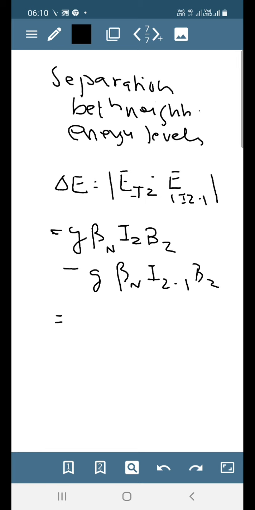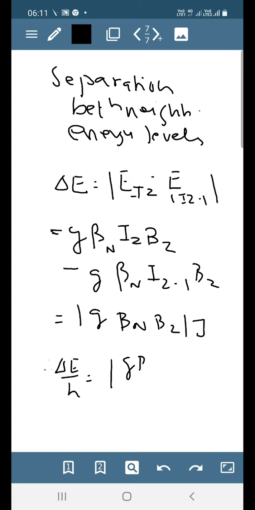So it will be the modulus of G beta N Bz, and therefore delta E by h will be equal to the modulus of G beta N Bz by h, in hertz.